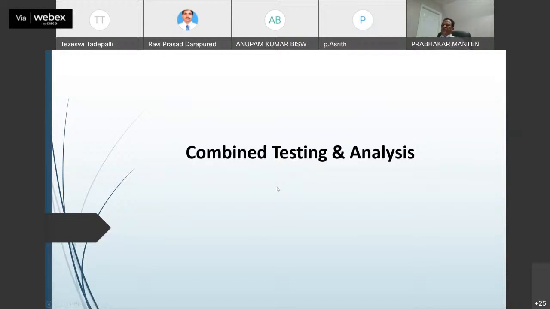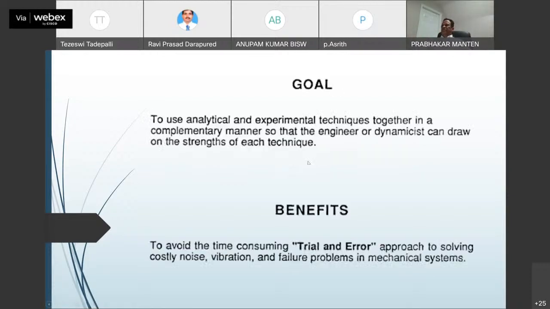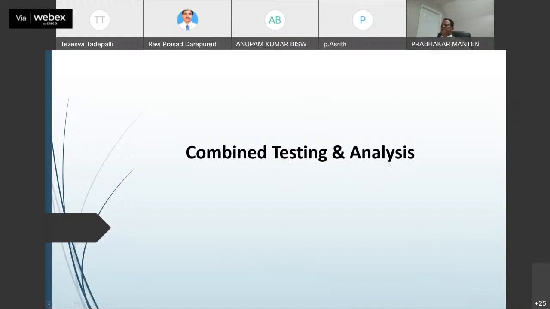Finally, testing, experimental testing. We would like to do testing and analysis all the time, but in order to validate what you're getting, you have to do some modeling as well. So that's a combined testing and analysis.